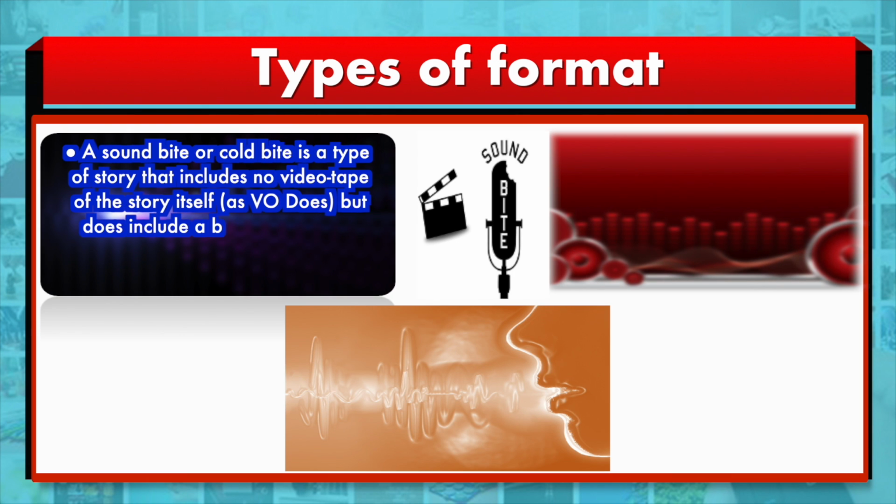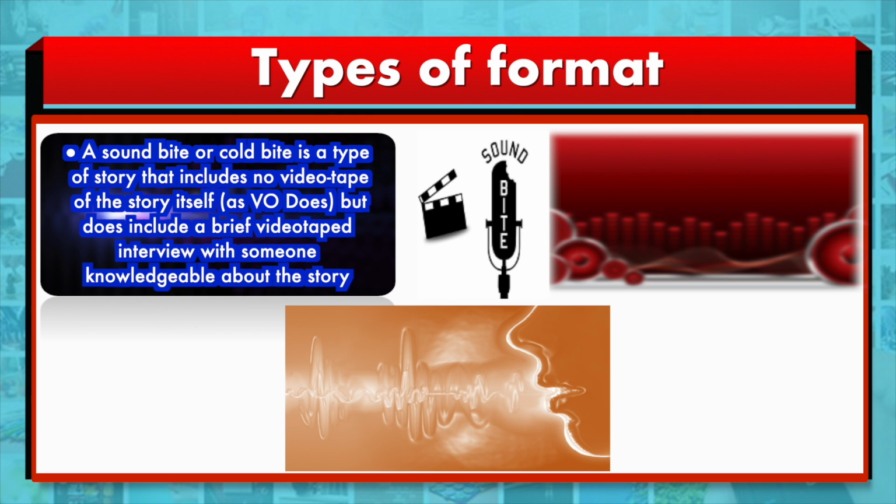A soundbite or a cold bite is a type of story that includes no videotape of the story itself, as VO does, but does include a brief videotaped interview with someone knowledgeable about the story.